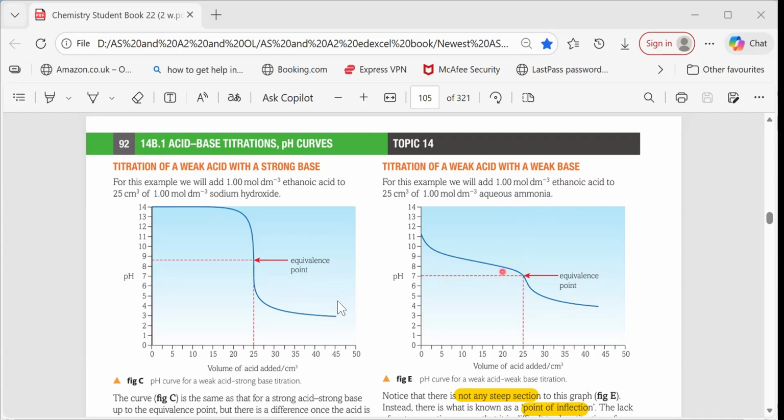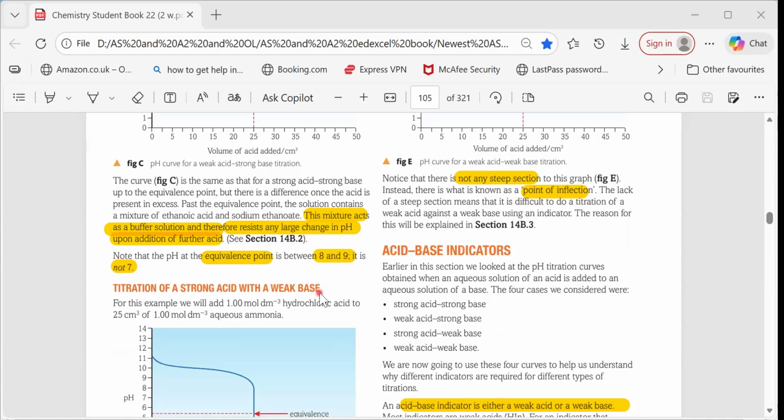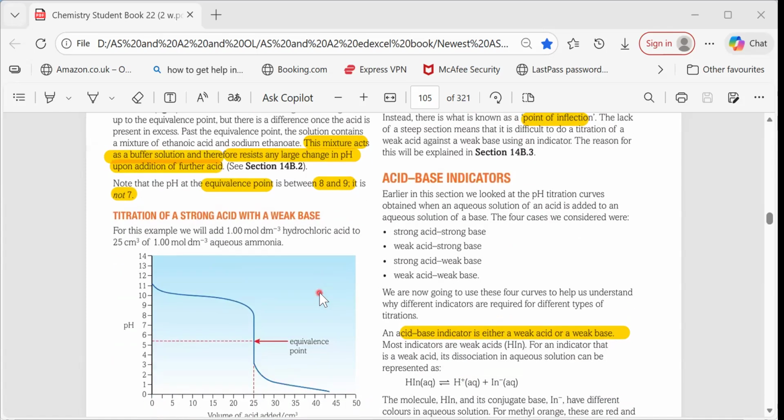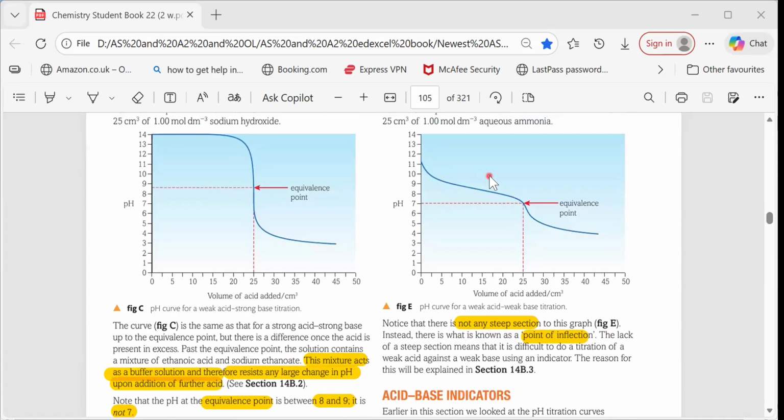Okay. Another thing here that we have to remember very well, that if you are titrating, as we said here, a weak acid against a strong base, there will be a jump like this, and then the buffer region, and then the rise in pH until we reach a basic solution.